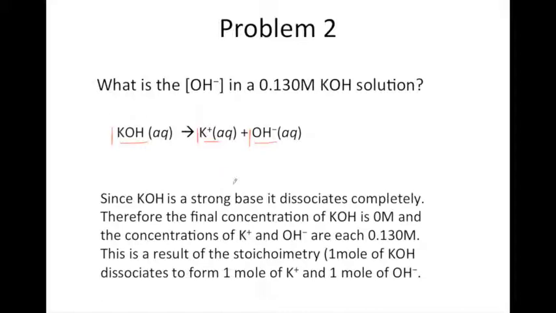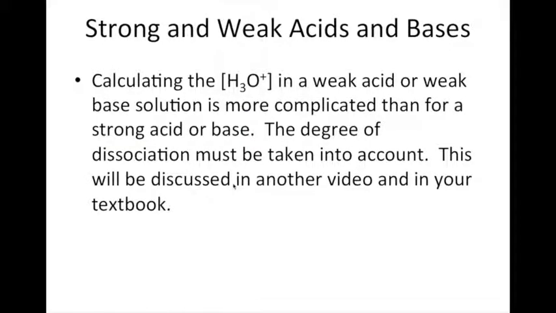So be sure that you're familiar with strong acids and strong bases and be able to solve some problems involving those. Now, calculating the hydronium ion concentration produced by the dissociation of a weak acid or a weak base is more complicated than those with strong acids and strong bases because they do not dissociate 100%.